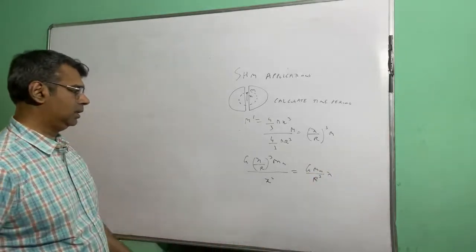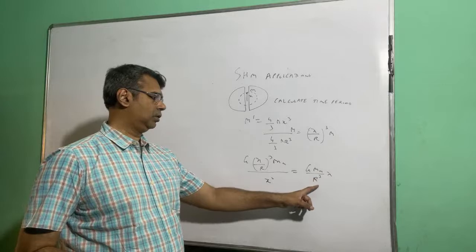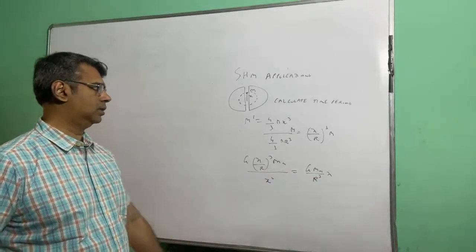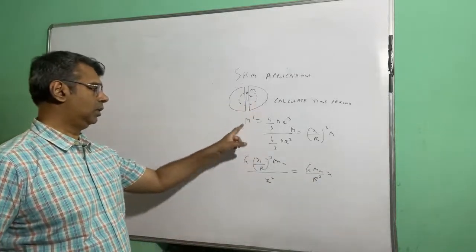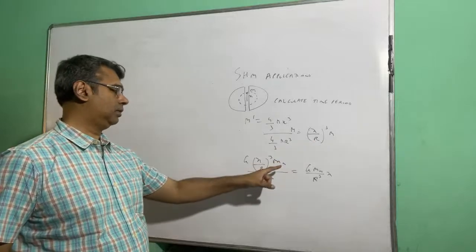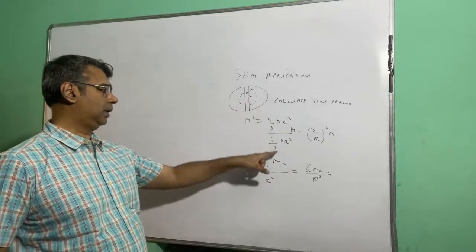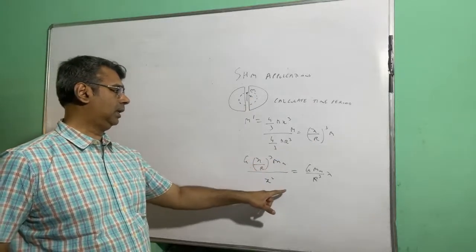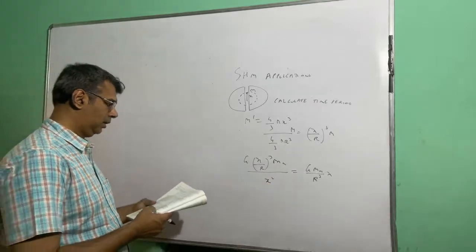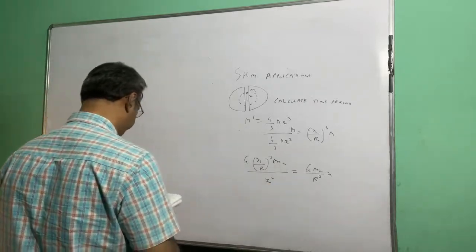Ultimately it comes to G into capital M into small m by r cube into x.